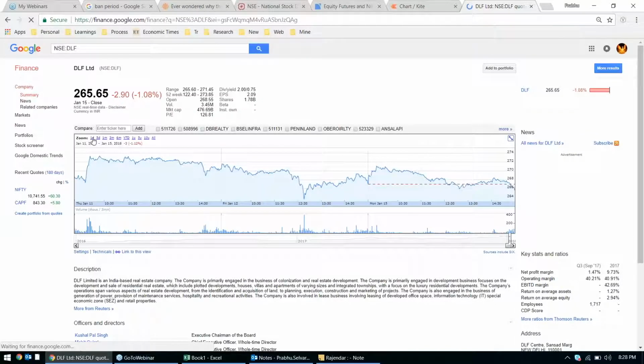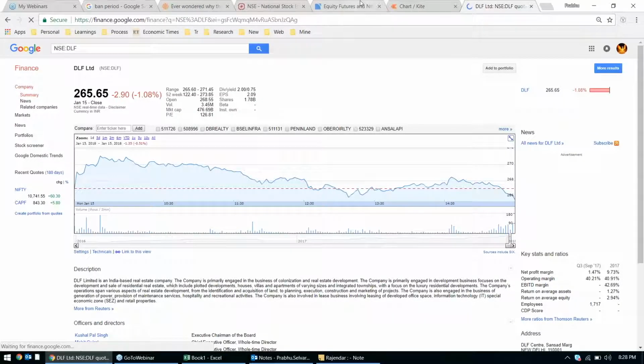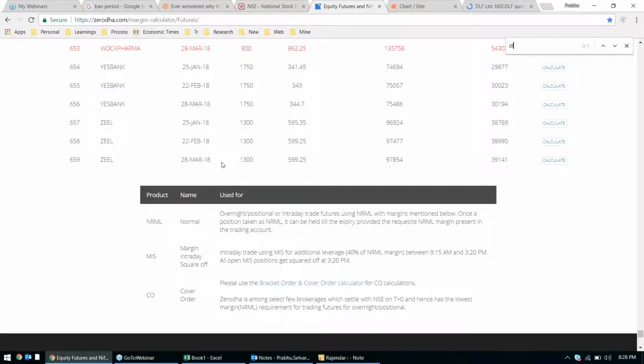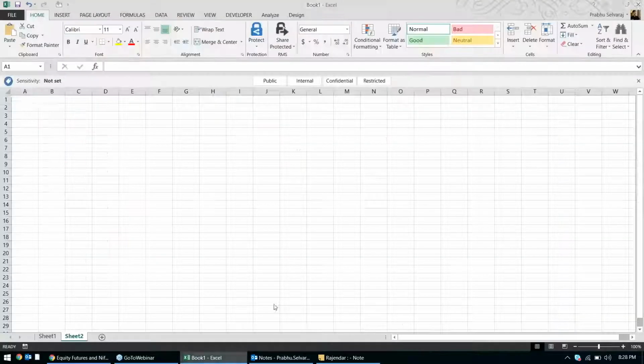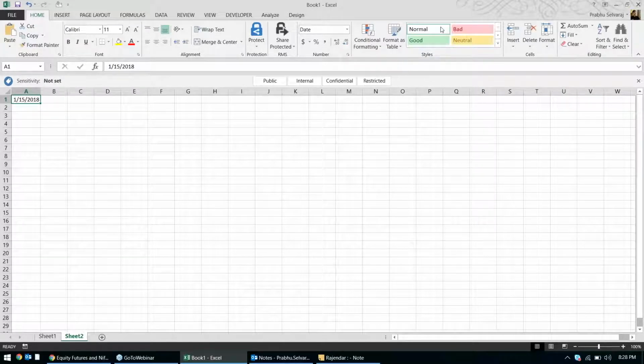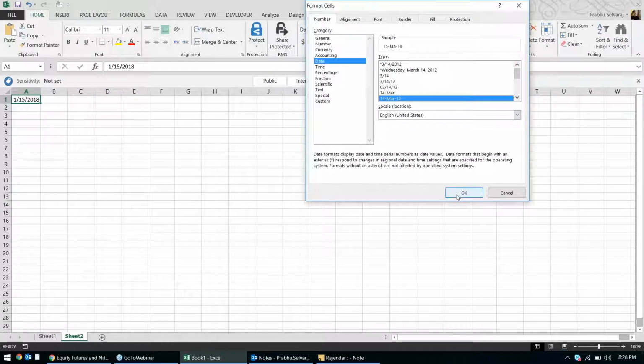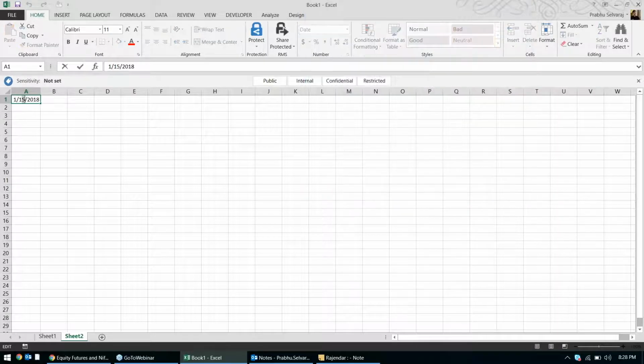Now let us go to DLF. DLF stock, the lot size is 5,000. Let it be expensive and all, doesn't matter. We just need to see what is the difference between buying and selling. So for example, today we consider the date as Jan 1st. Now the stock we are looking at is DLF.